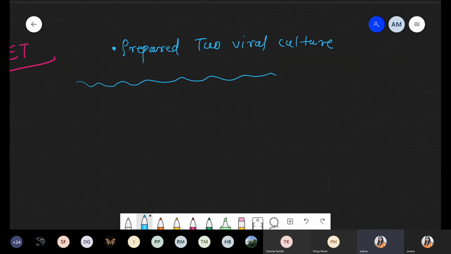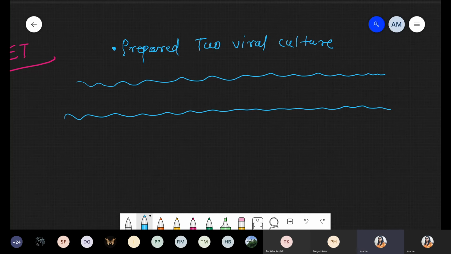So we divide the page into 2 parts. We are talking about 2 experiments together, because they used 2 viral strains. One viral strain they use for the DNA, and that DNA is not a normal DNA, that DNA is radioactive.